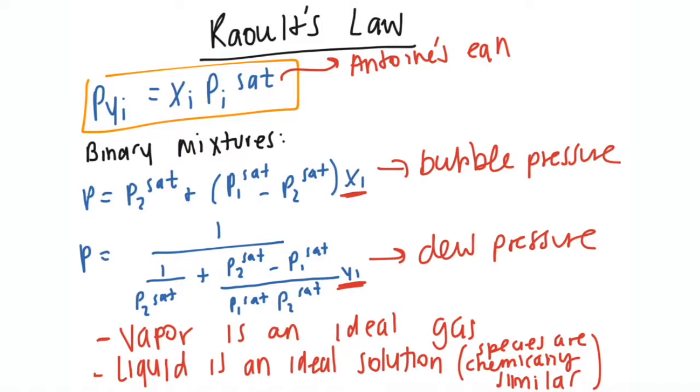So if you're reading your word problem and it says species are chemically similar, then that might be good enough proof for you to write as an assumption, oh, the liquid is an ideal solution, and you have some evidence where it says that vapor is an ideal gas. Okay, then I can use Raoult's law. It applies to what this is saying.